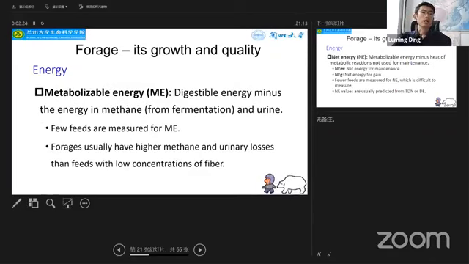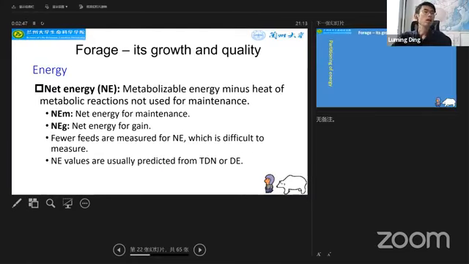Metabolizable energy is digestible energy minus the energy in methane from the fermentation and the urine. Few feeds are measured for metabolizable energy. Forages usually have higher methane and urinary losses than feeds with low concentrations of fiber. Net energy is metabolizable energy minus heat of metabolic reactions not used for maintenance.